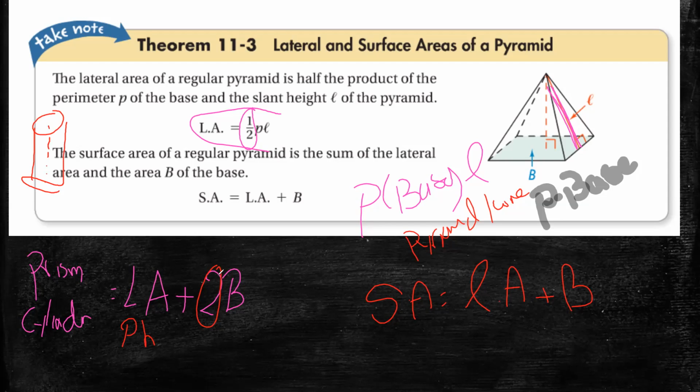Now, both in the cylinder or in the prism, the slant height is the same as the height. Why? Because if you look at this cylinder here, we have two definitions.